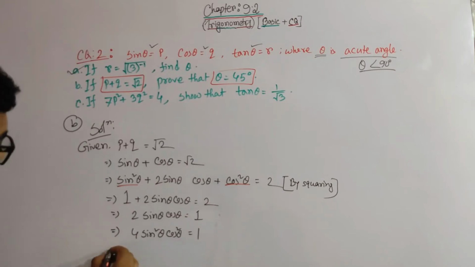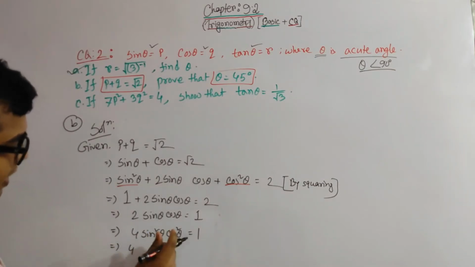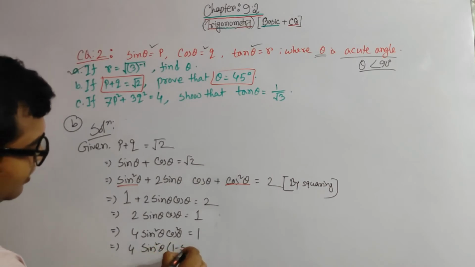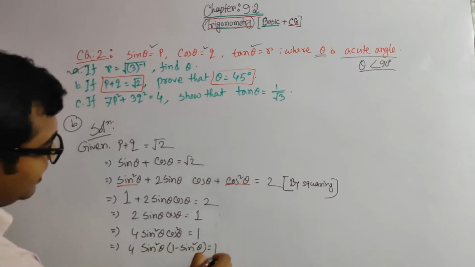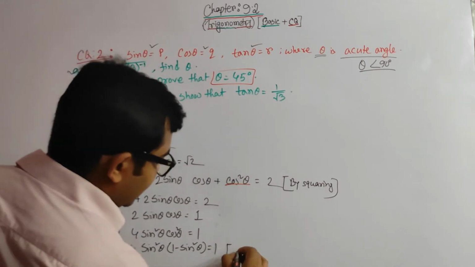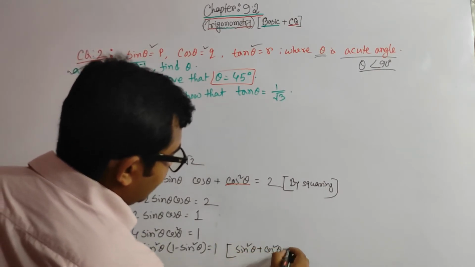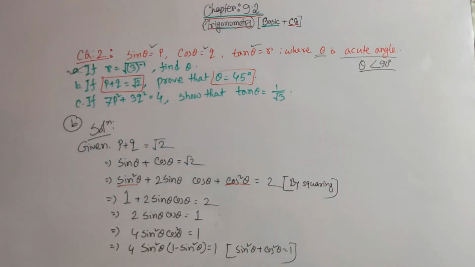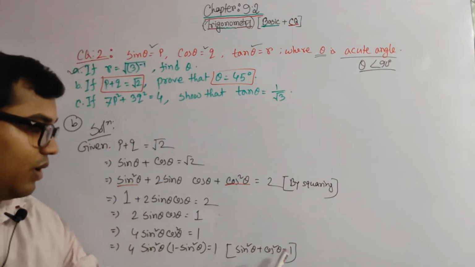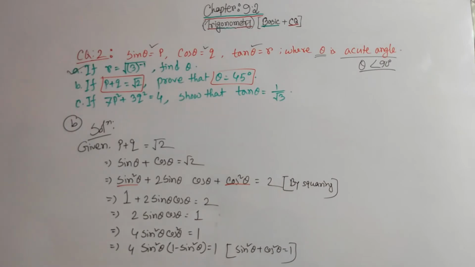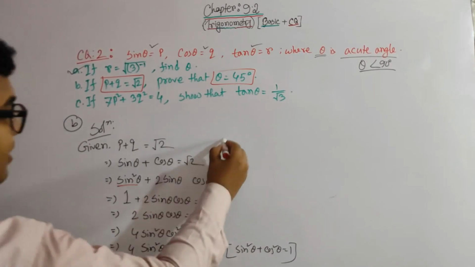After this, we have to convert everything into sin theta, so cos theta should be converted into sin theta. You know how this comes: sin square theta plus cos square theta equals 1, so cos square theta must be 1 minus sin square theta. Okay, now let me erase up to this part so that we can write from here.